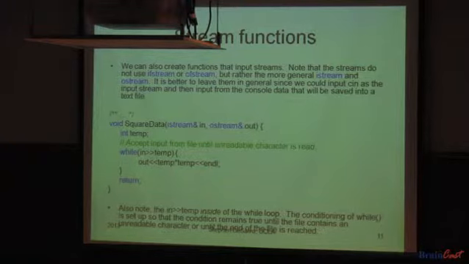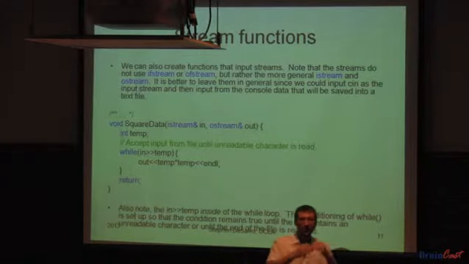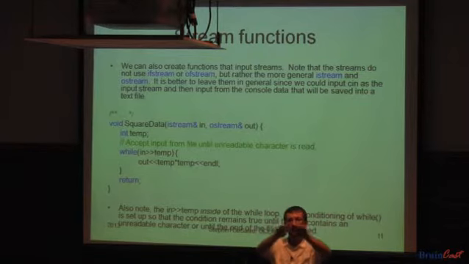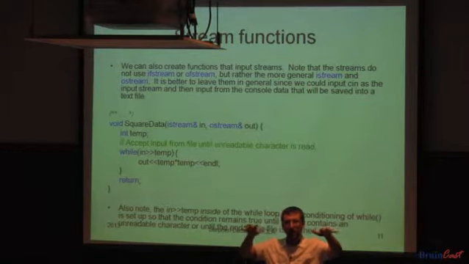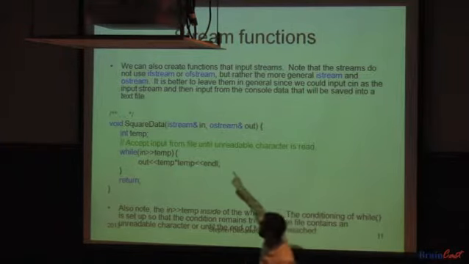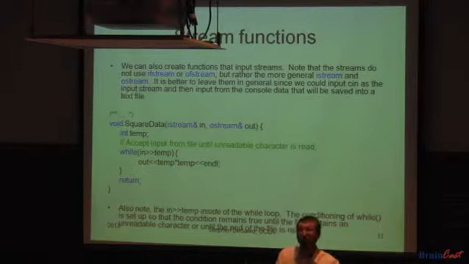Okay. Now we get to the cool part. All right, so this is where it gets even more fun. Remember that hierarchy I showed you, the class hierarchy? There's the ostream, the istream, and then all these classes derived from it. Well, the point is that you can write functions which accept a file stream or a console stream as well.